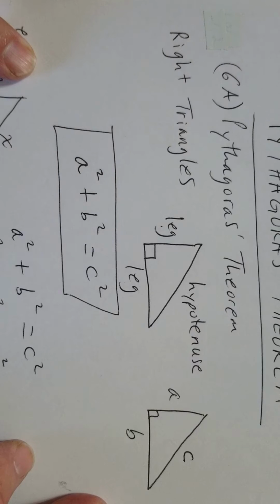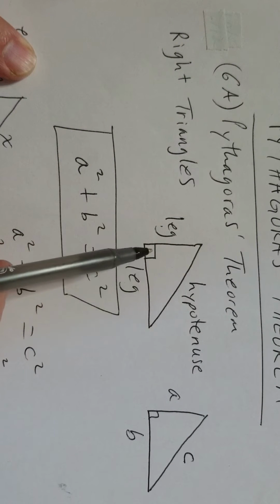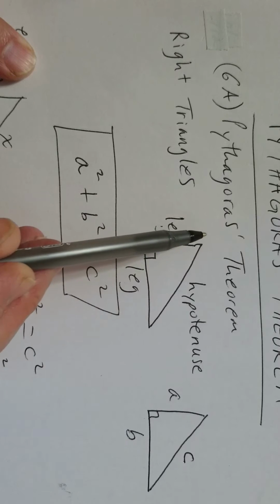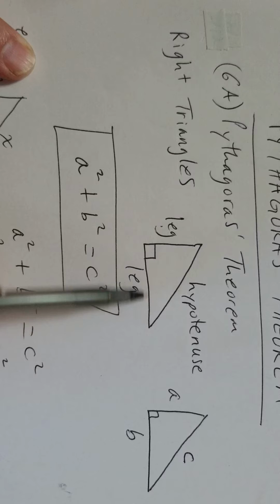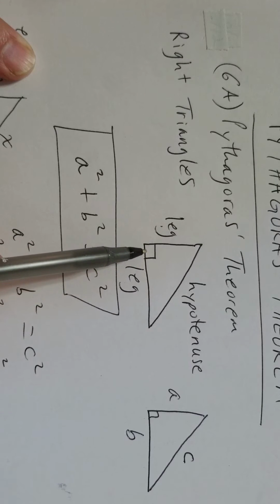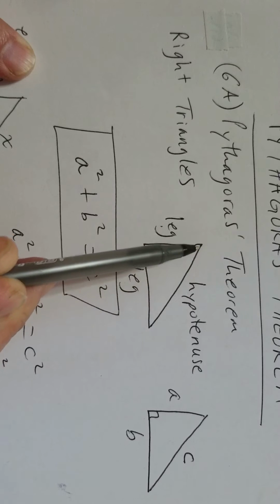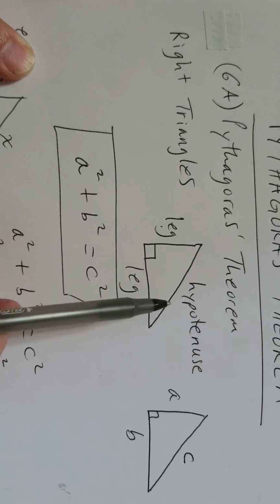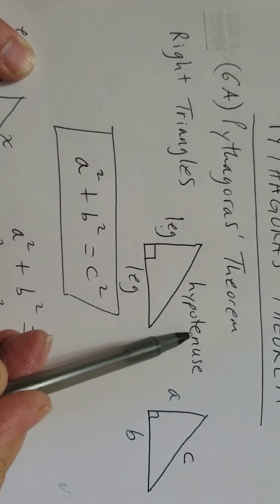Well, first of all, let's talk about the right triangle. Every right triangle has a right angle and 2 legs. The legs are the 2 sides that make the right triangle. The L shape, those are the legs. The diagonal is called the hypotenuse.